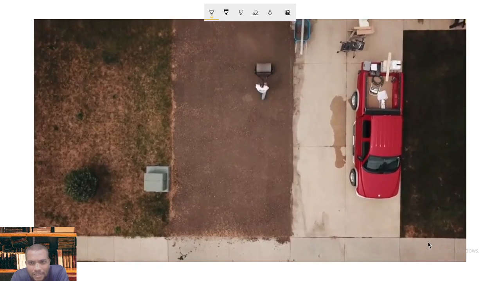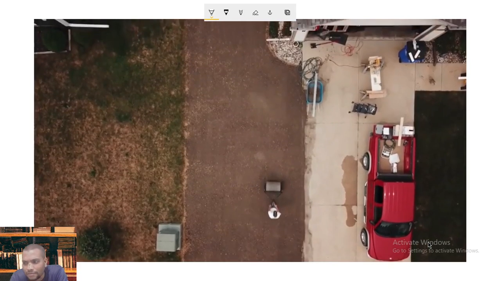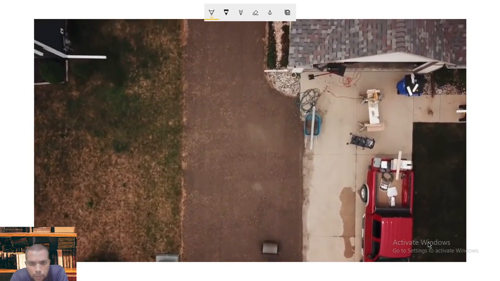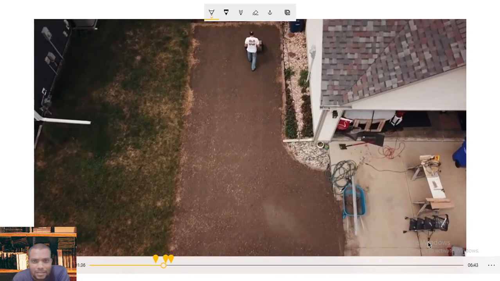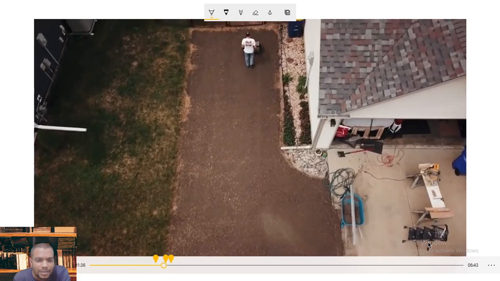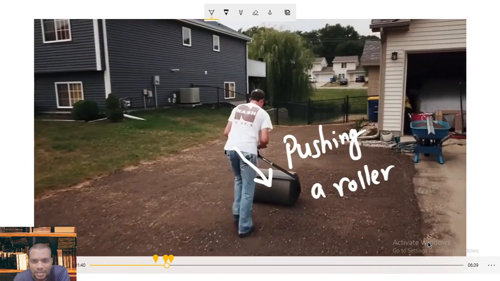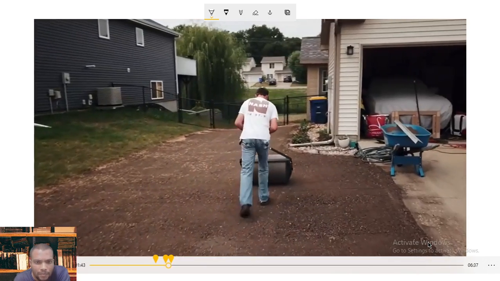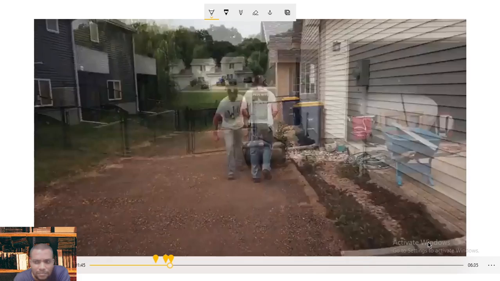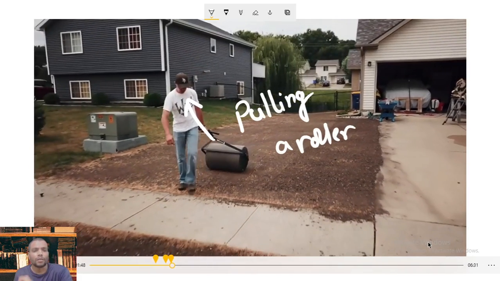So we are going to find which action is easier, pulling a roller or pushing. To find that, let us do a small diagrammatic representation, the same free body diagram, for both pushing a roller and pulling a roller.